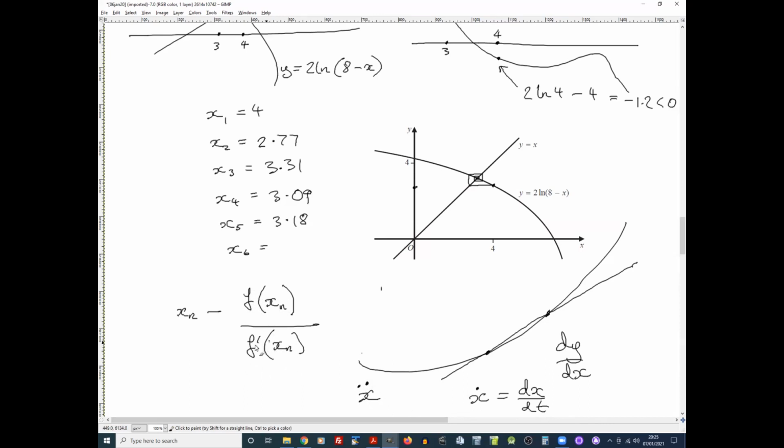So you've got three alternatives here. The only one I'm not sure I've seen is the x with the dot over it. But that's only in physics. You will be expected to recognize f dashed and dy dx, basically.